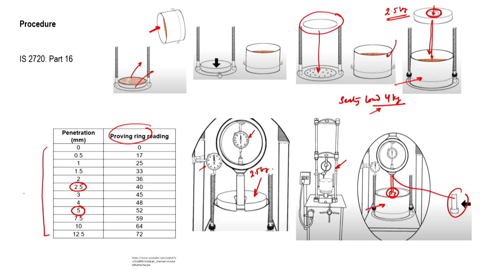So, we have to plot this particular graph to find out the appropriate CBR value or to perform the actual calculation. These are the standard penetrations which you can see here at which we are recording the proving ring reading. Now, the proving ring reading has to be multiplied with the calibration factor of that particular equipment, which will be given by the manufacturer, which will convert the proving ring reading into kg or any other unit depending on how the equipment has been calibrated.